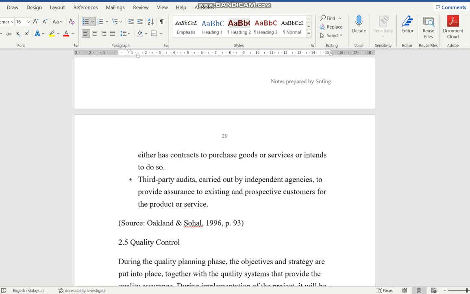First party. The second party will be, say, you engage a certain consultant to do auditing, it could be your suppliers, or your subcontractors, or your specialist subcontractors. They provide you with the auditing services, or you can engage a separate organization. But it's engaged, isn't it? By another organization to do the auditing.